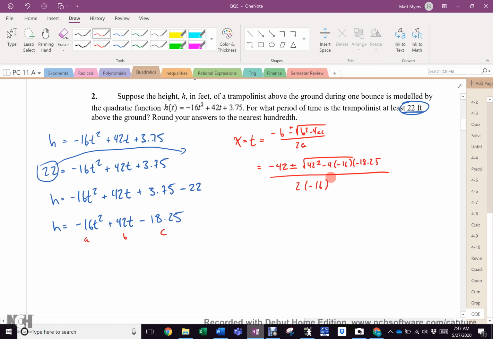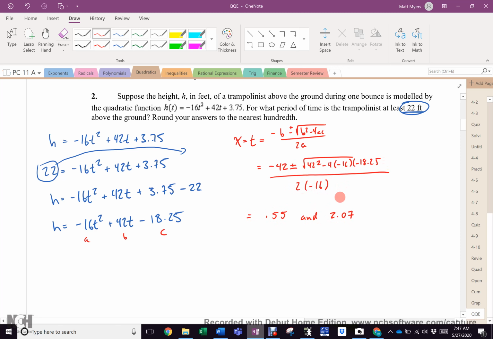And when you run all that through on your calculator, which I'm not going to do, you get 0.55 and 2.07, I believe. So those are the two roots.